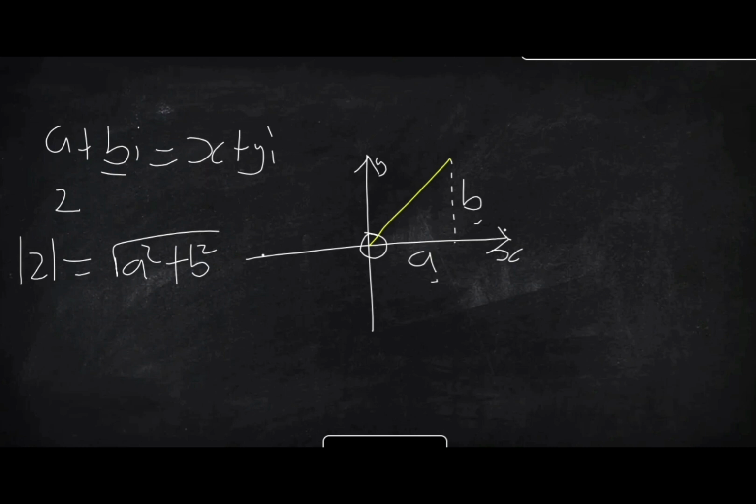This is the knowledge from Pythagoras theorem, of which if we are to find the hypotenuse, this is r, or magnitude of z. So this is what we want, okay? And to find this line, which is the magnitude of z, it is the square root of the sum of a squared plus b squared.